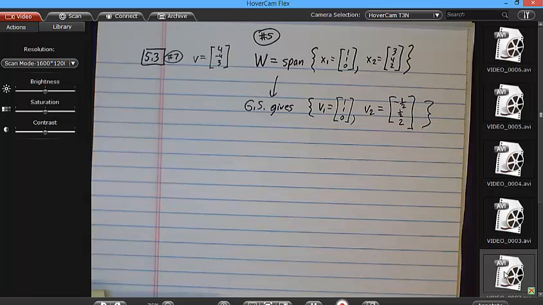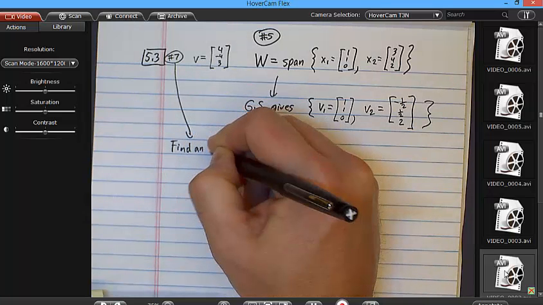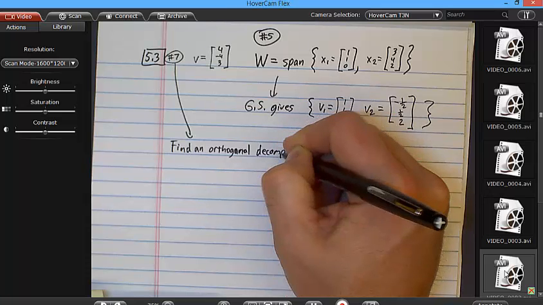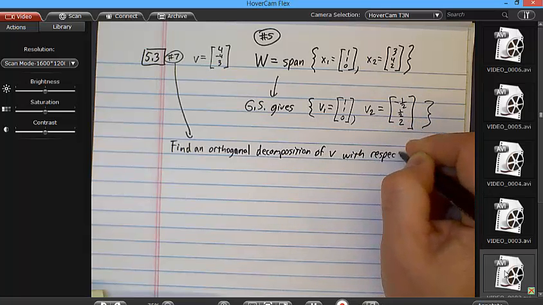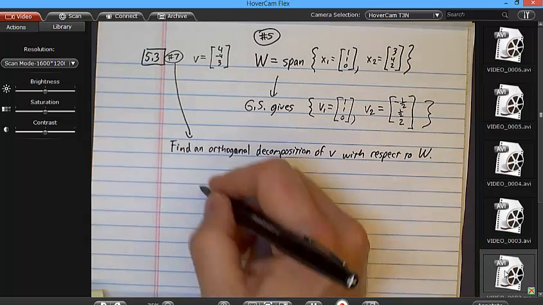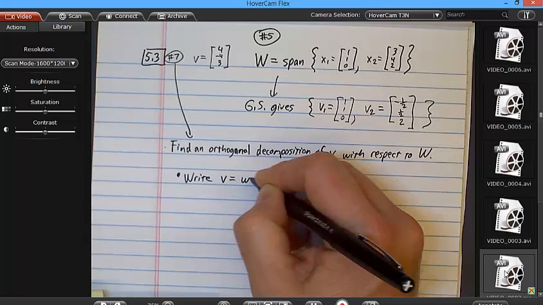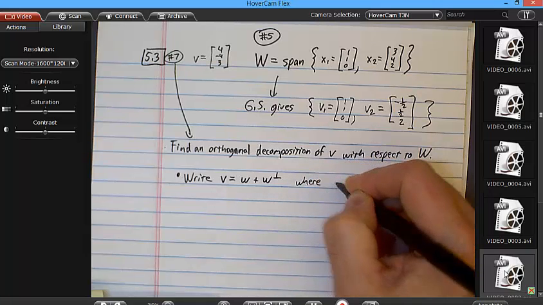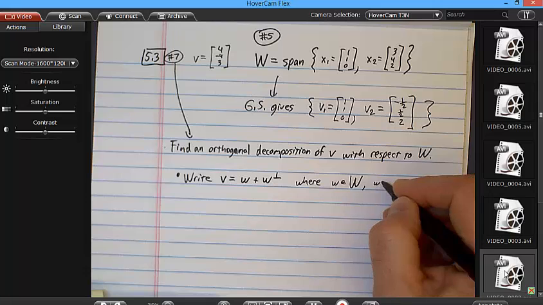Okay, so now what are we going to do? All right, so the idea now, number 7, when they say find an orthogonal decomposition of V with respect to W, what we're going to do is write V equals little w plus little w perp, where little w is in W, and then w perp is in W perp.